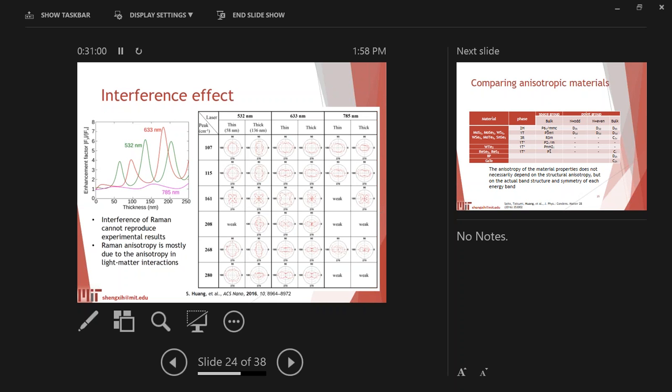This calculation only considers interference, and therefore we can see for 532 and 633, the y-axis Raman always has a larger intensity than the x-axis Raman. But this is apparently not the case for our experiments. And therefore, we know that the interference effect cannot explain the Raman anisotropy. The Raman anisotropy is largely due to the anisotropy of light-matter interactions, as I explained before.